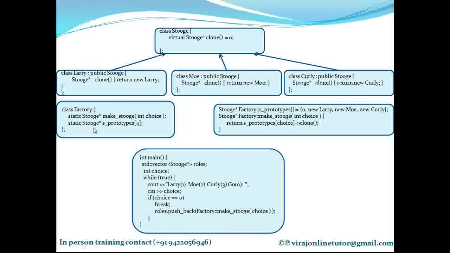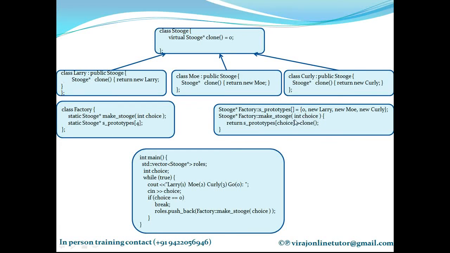Then I have the factory method design pattern which I am using. I have one array here in which I save these objects. At index 0 I have 0, index 1 I have a Larry object, index 2 I have a Mo object, index 3 I have a Curly object. And this mixToJ is a factory method, which is a parameterized factory method. So I am taking a choice from outside.